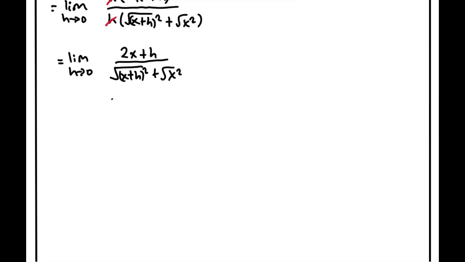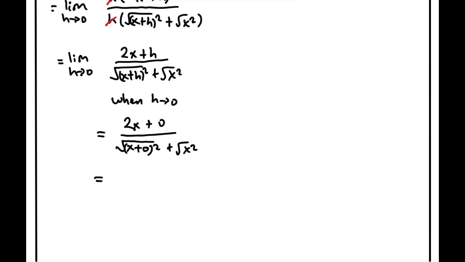We can now apply the limit. We'll say when h approaches 0, we'll plug in 0 wherever we have h. So this is 2x plus 0 over the square root of (x plus 0) squared plus square root of x squared. This is equal to 2x over x plus 0 is simply x, so this will be square root of x squared plus square root of x squared.